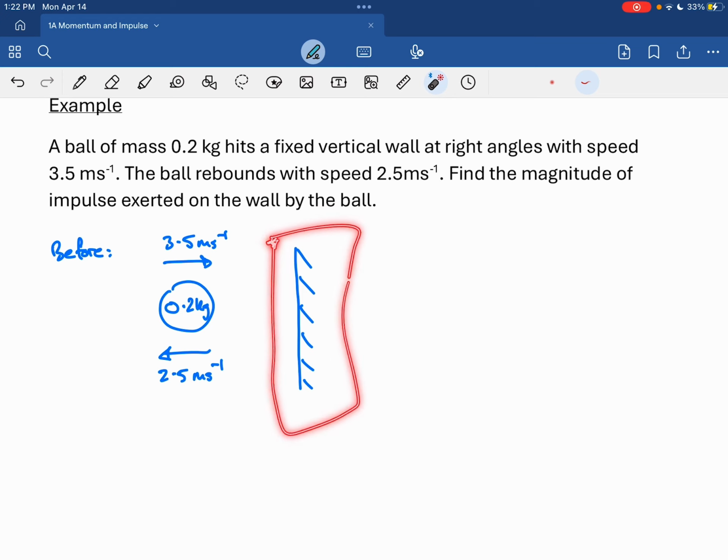But when the ball collides with the wall, the wall will feel an impulse going that way from the ball, but the ball will also feel an impulse going that way due to the wall. And these two impulses will be equal and opposite in direction. So in order to work out the impulse on the wall, we instead work out the impulse on the ball because it will be the same.